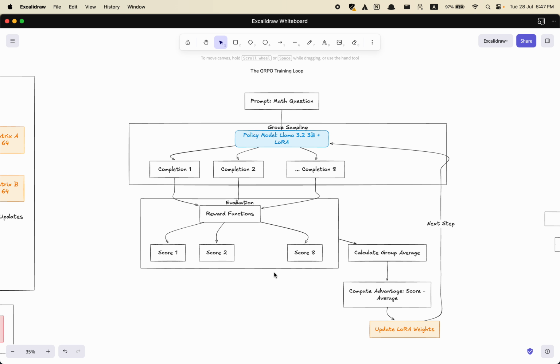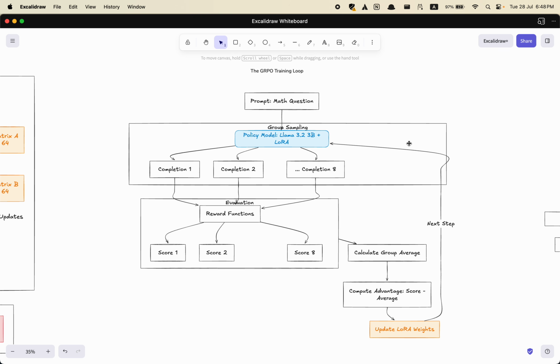From here, this is where GRPO really kicks in and is kind of genius, I would say. It calculates an average of the 8 scores, so a group average. If completion 1 scored higher than the group average, then it gets a positive advantage, and with that our LoRA weights are updated and we encourage that behavior.